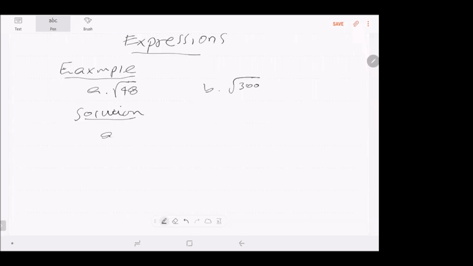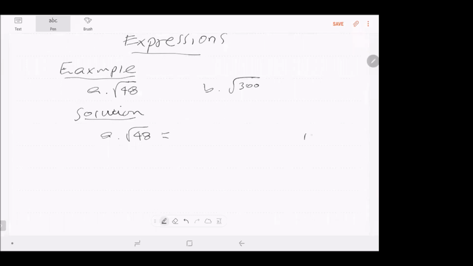We are given the square root of 48. So as I said before, this radicand cannot be written as a product of two identical factors. So now we are going to write this radicand as a product of one perfect and one non-perfect. There are different possibilities to write it as a product of one perfect, one non-perfect.